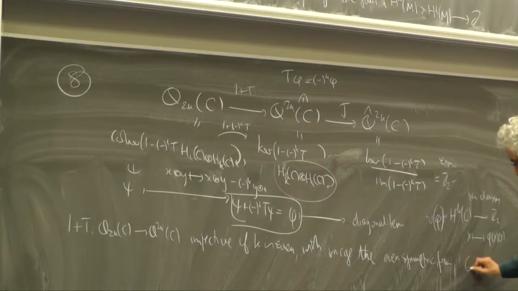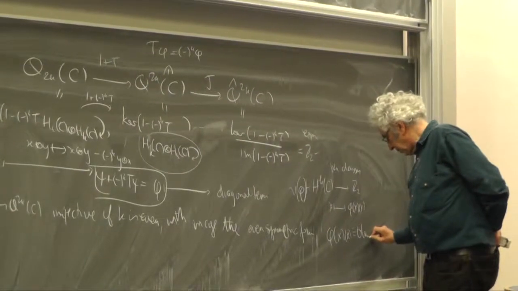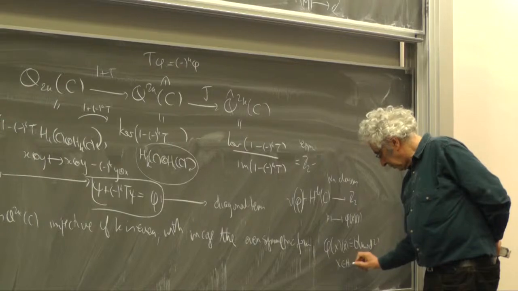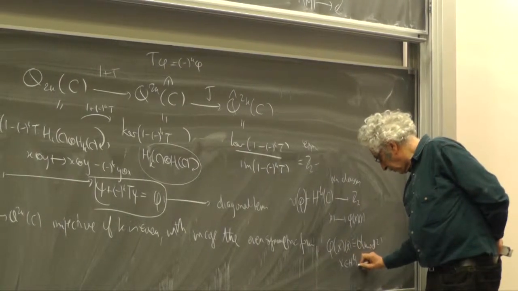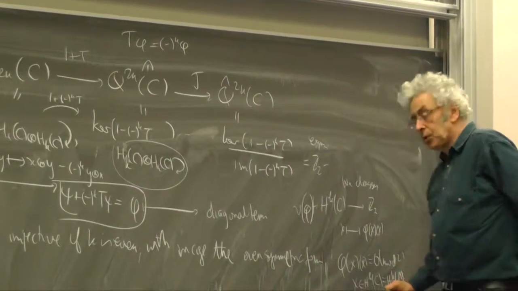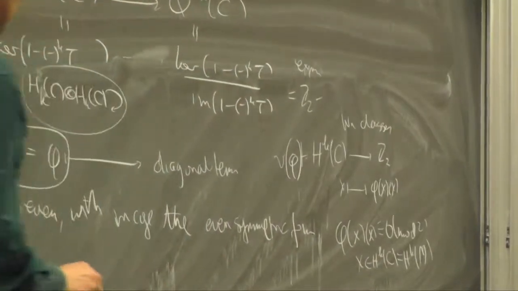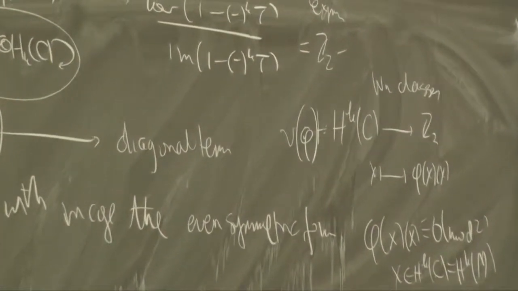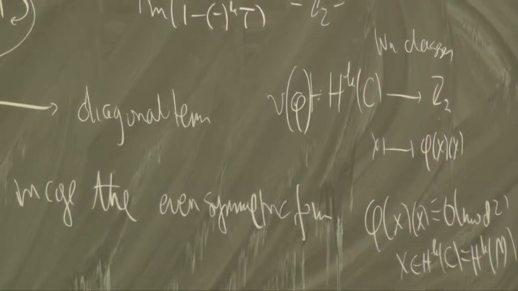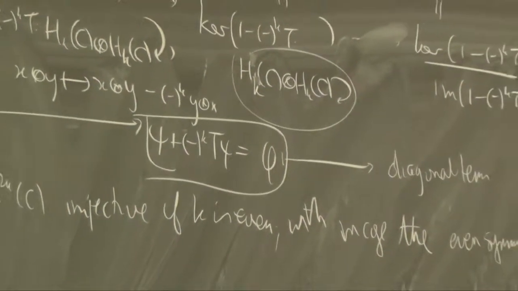Point being here that the form is even, the self-intersection homologically is always even. So there's no terrific advantage to looking at this group when k is even, because it just says that the diagonal entries are of type 2.